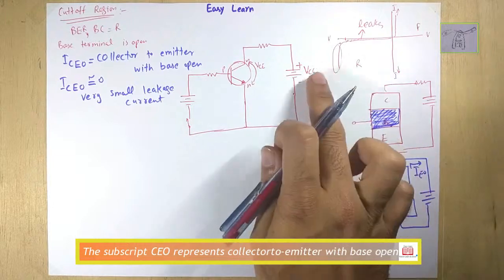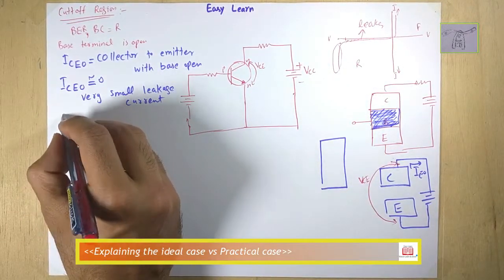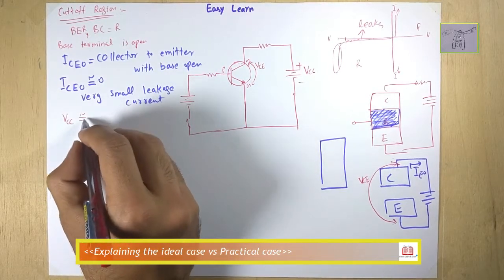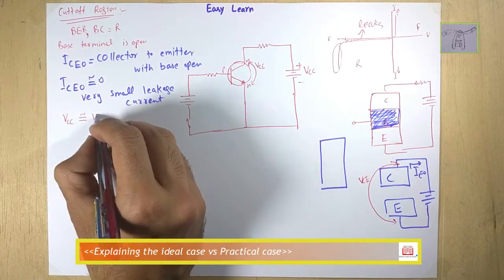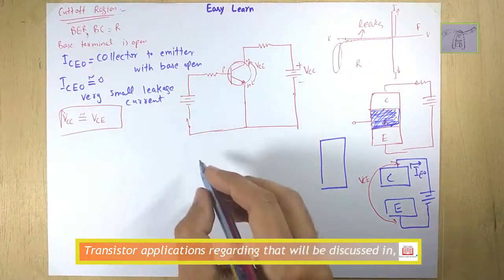So all the voltage VCC appears as VCE, but this is an ideal case. In practical cases it is a little lesser, so we can write that VCE is approximately equal to VCC. This is the situation in the cutoff region.